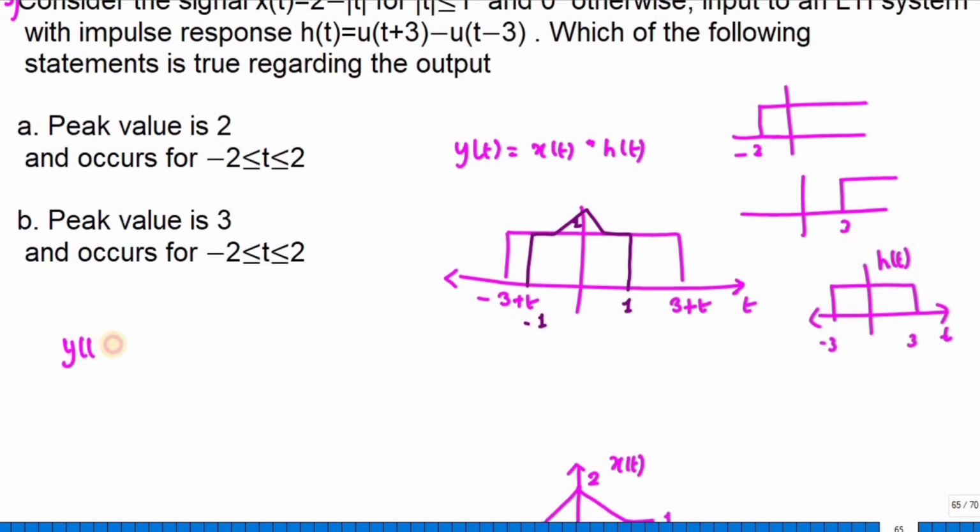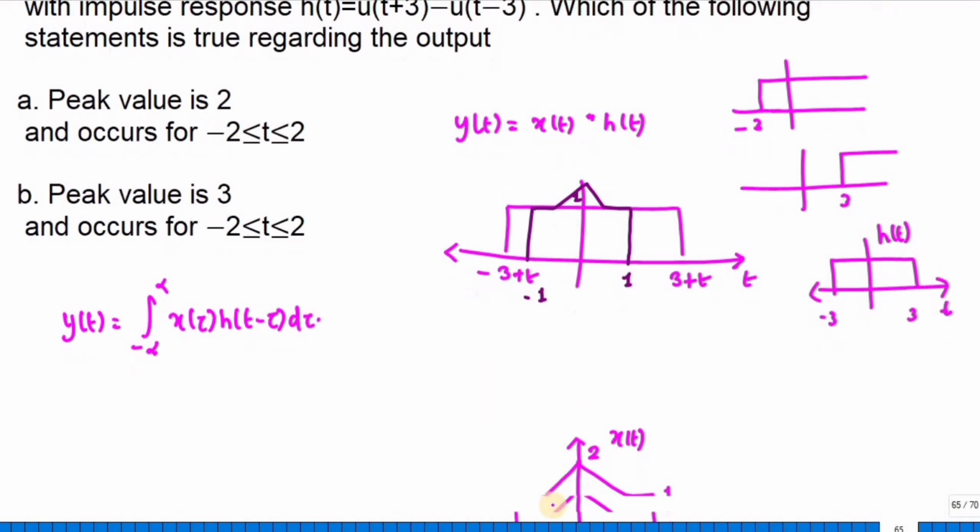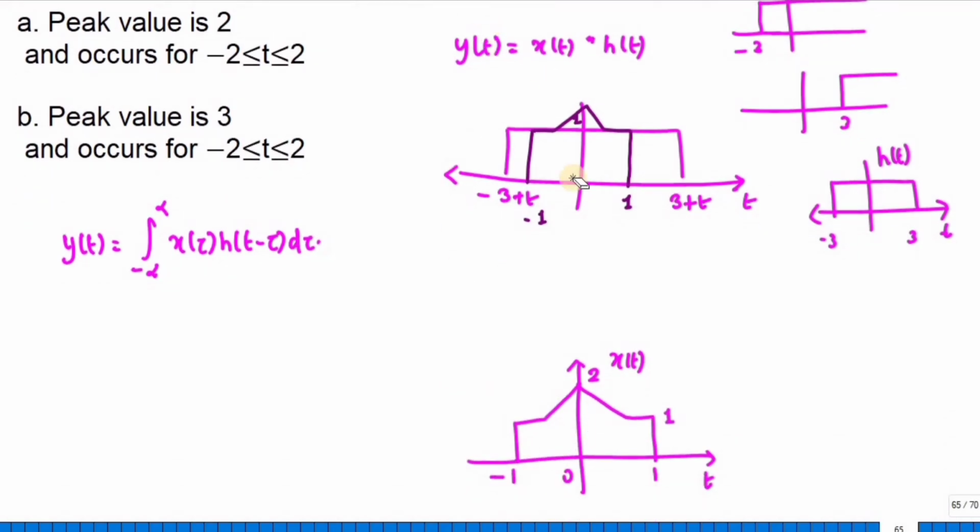y of t is equal to the integral from minus infinity to infinity of x of tau h of t minus tau d tau. So I can keep this one as x of tau, and if I change this one to minus tau, I'm getting the same answer.